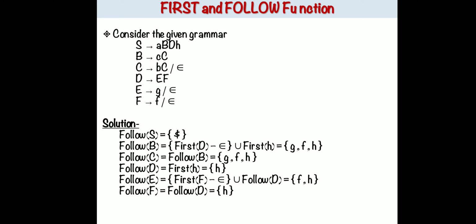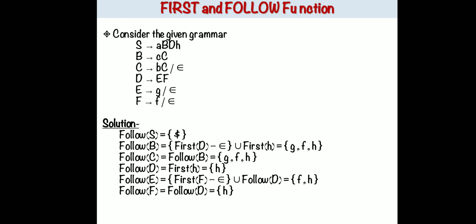Because after beta there is a terminal H. First of H will be H, but first of D minus null will be G F. So follow of B will be total G F H.